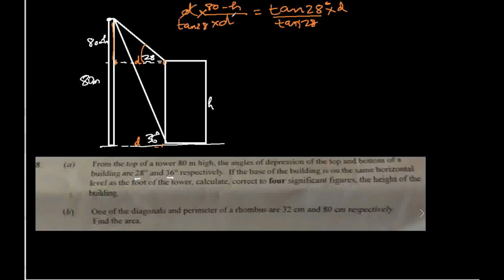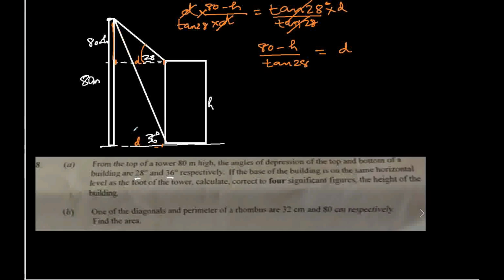So d and d cancel here, tan 28 and tan 28 cancel here. What are we left with? 80 minus h over tan 28 is d.